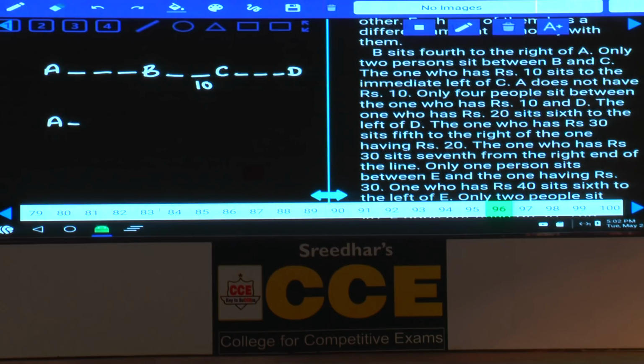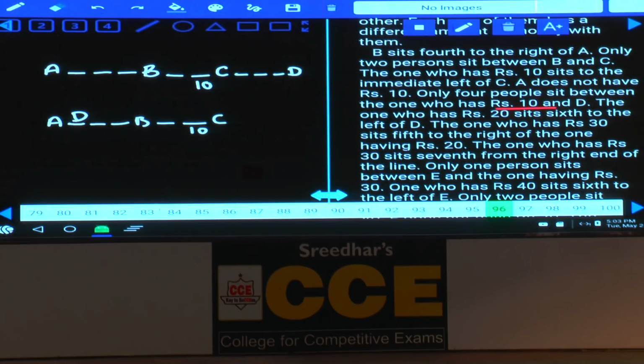And A, 3 persons, B, and this is blank, and here we have 10 rupees, and this is C. As C is here, then 4 persons in between 10 and D, 1, 2, 3, 4, and A and D again adjacent to each other, isn't it?